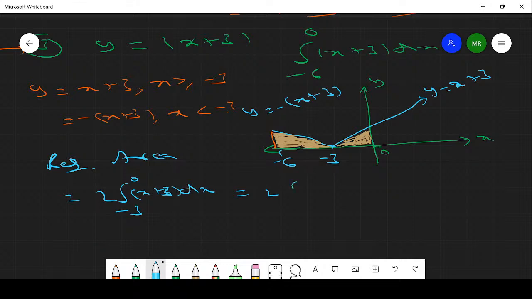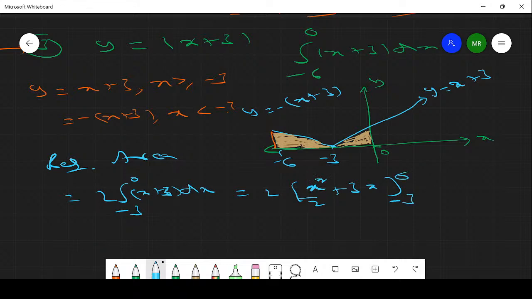So 2 into, the integral of x is x square by 2, plus 3x, with limits minus 3 to 0.